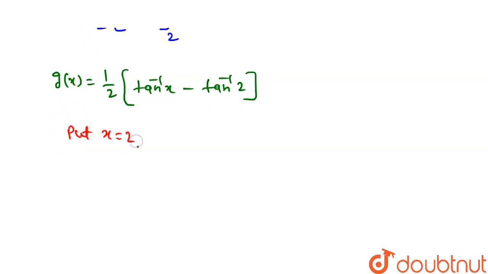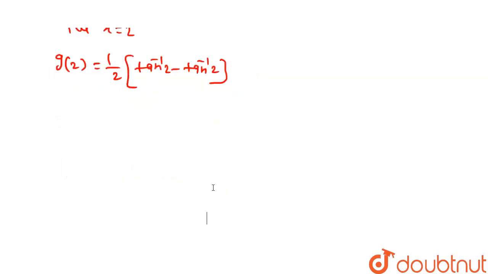So g2 is equal to half times tan inverse 2 minus tan inverse 2. So tan inverse 2 minus tan inverse 2 is 0, so g2 is equal to 0.